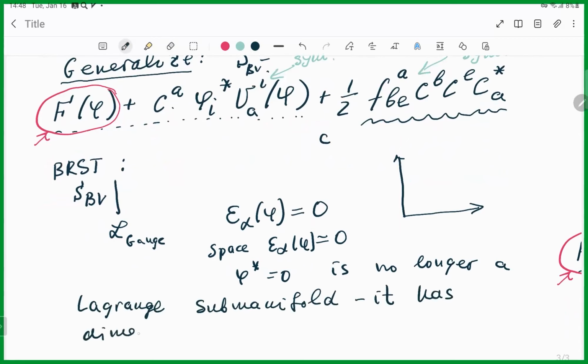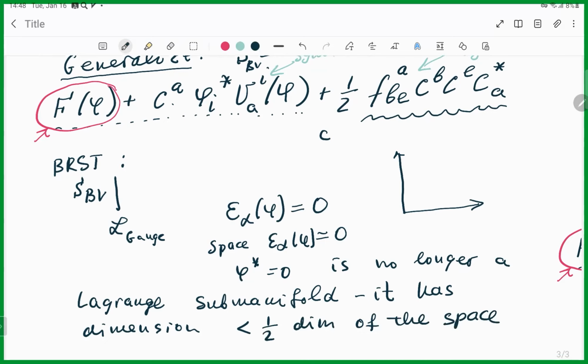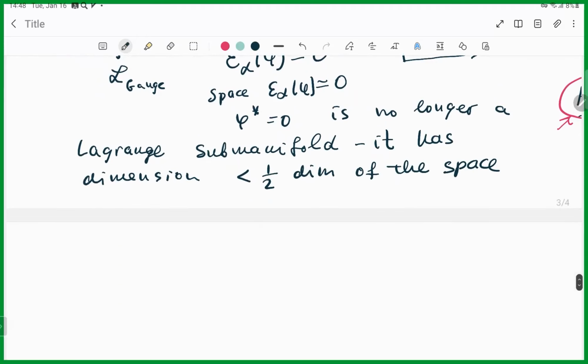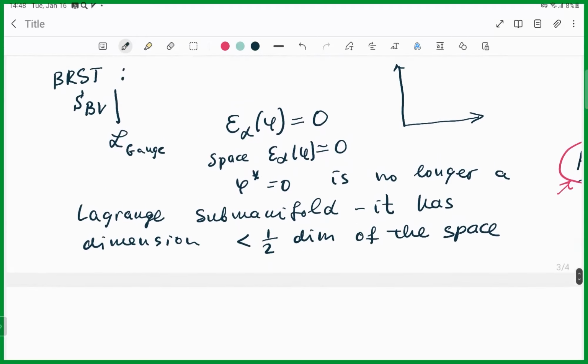It has dimension less than 1/2 of the dimension of the space of fields phi and phi star.